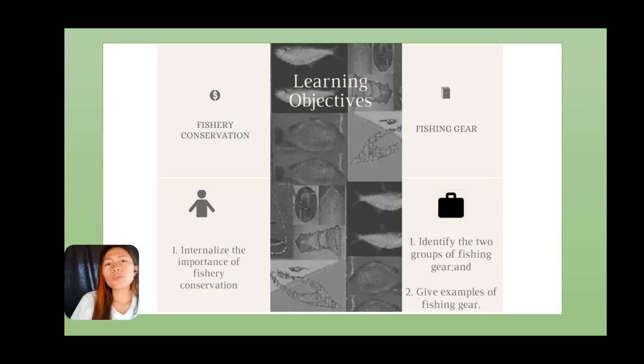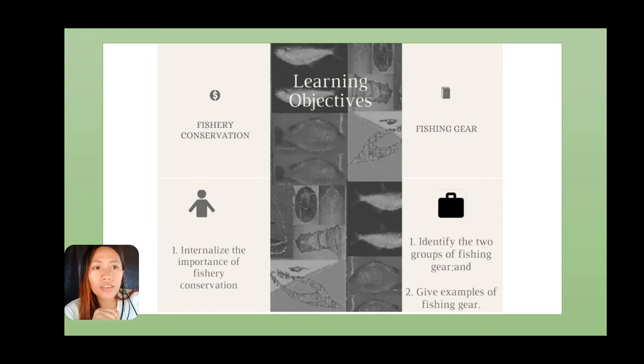And from the word conservation, to conserve, on how to make the fish safe, because it is not only the fish that we will focus on here, but also us, who can benefit from the fish. Later on, we will see how important it is to conserve fish or the fishery.